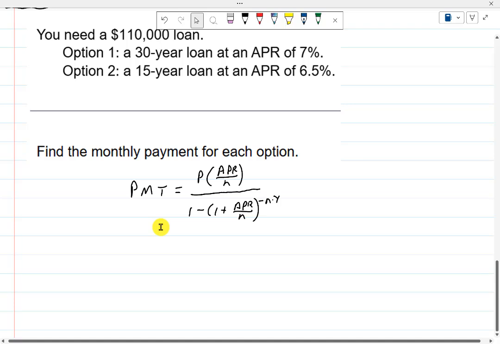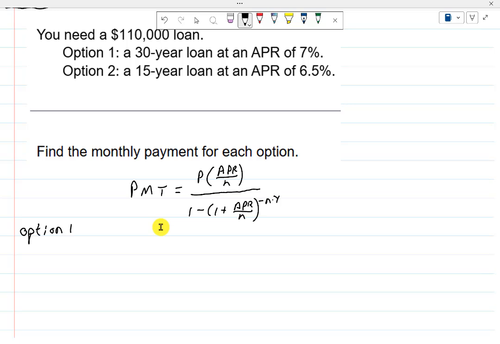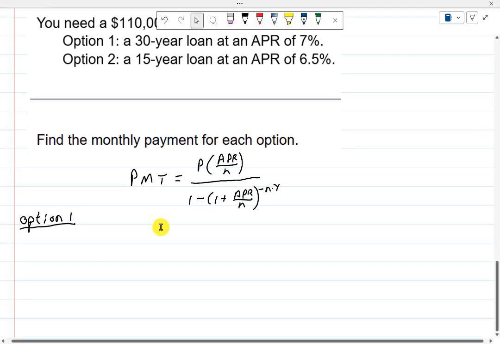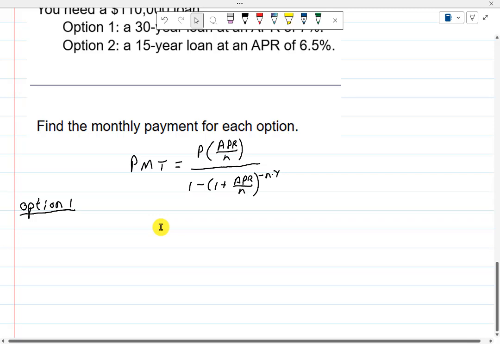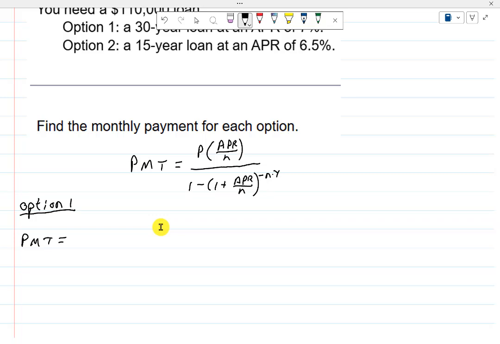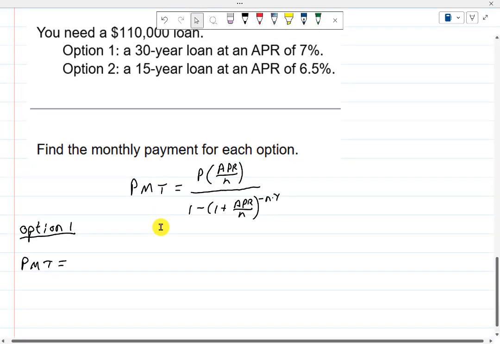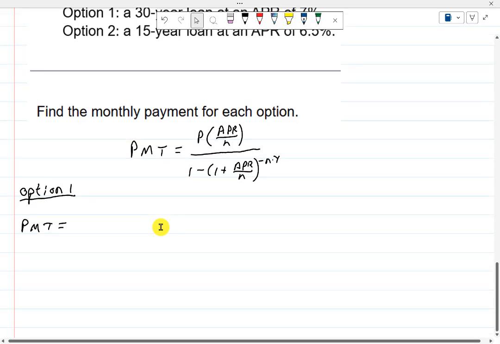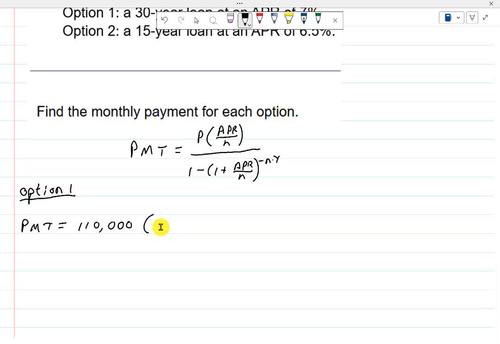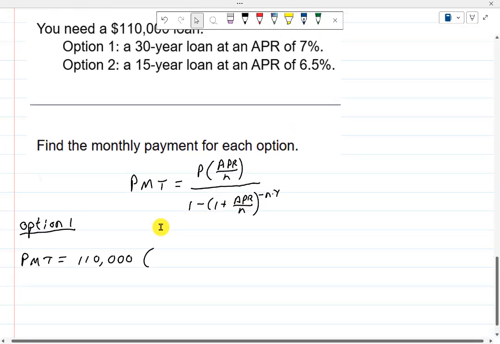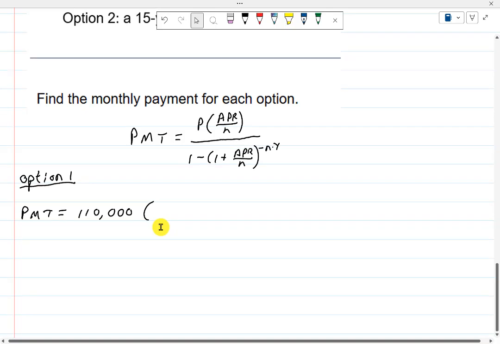So let's do option 1 over here. And let's calculate that payment. It's a 30-year loan. So the amount that we borrowed was $110,000 in both cases. And the APR on option 1 is 7%.